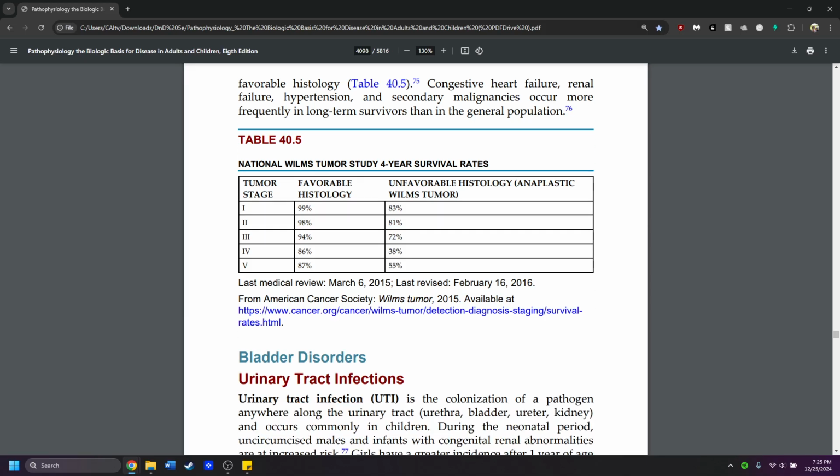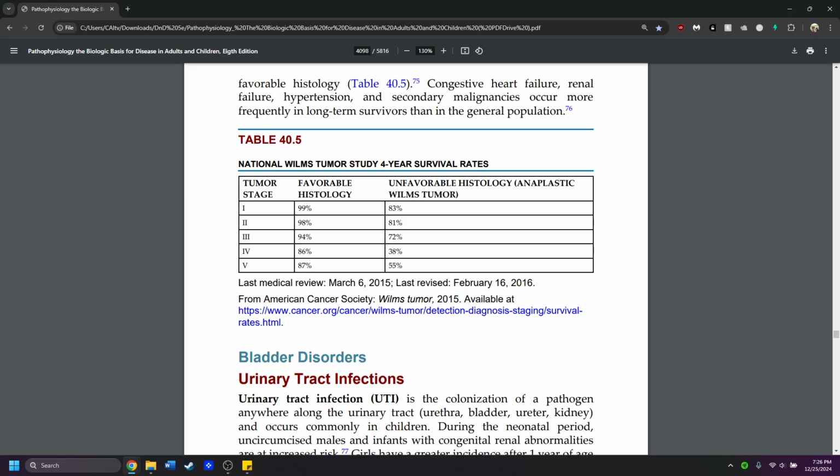So for the first 3 stages of Wilms tumor, if you have a favorable histology, you stay above 95% pretty much. At stage 4, 86, and at stage 5, 87. So somehow there's a small increase if you're separating more specifically left and right.